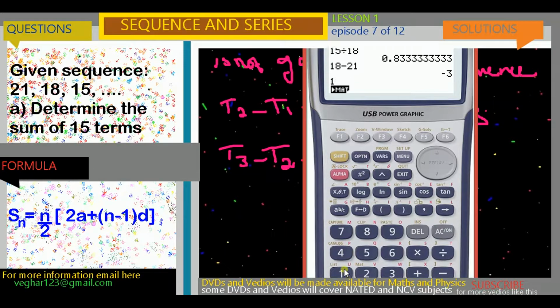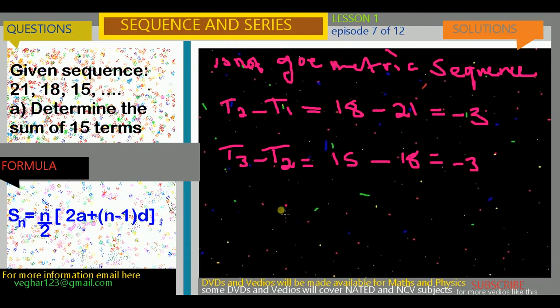And then term number 3 minus term number 2 is 15 minus 18, which is also negative 3. So this sequence is an arithmetic sequence, because using the arithmetic sequence test to find the common difference, we have found that the common differences are the same. So it's arithmetic.